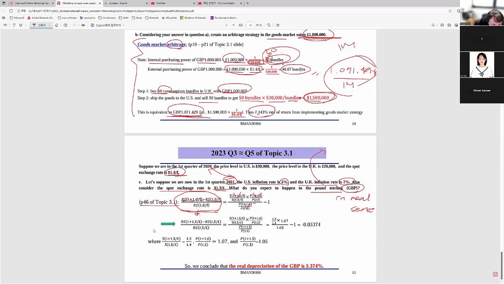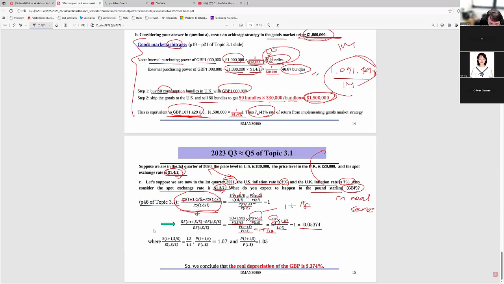Now we can just plug in all the numbers. S_{t+1} dollar per pound is this one, 1.3. S_t dollar per pound is this one, 1.4. Pound inflation rate is 7%, so this is 1 plus pi of F, 1.07. This is 1 plus pi of the dollar inflation rate, so 1.05.